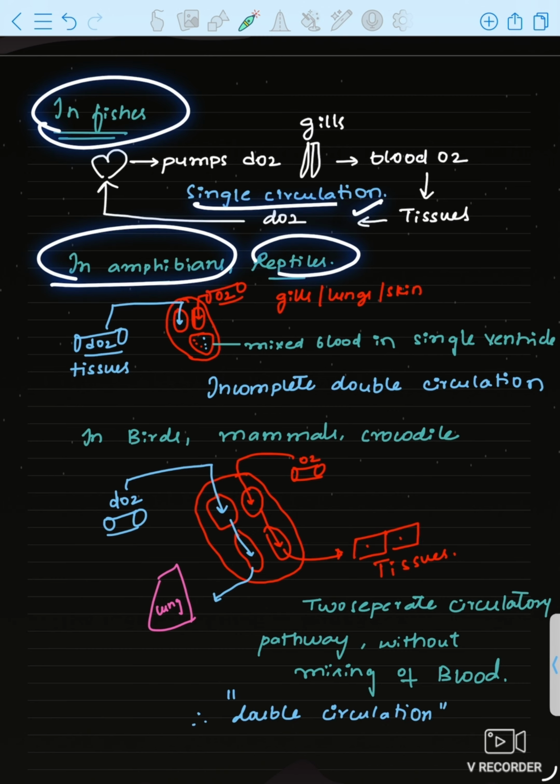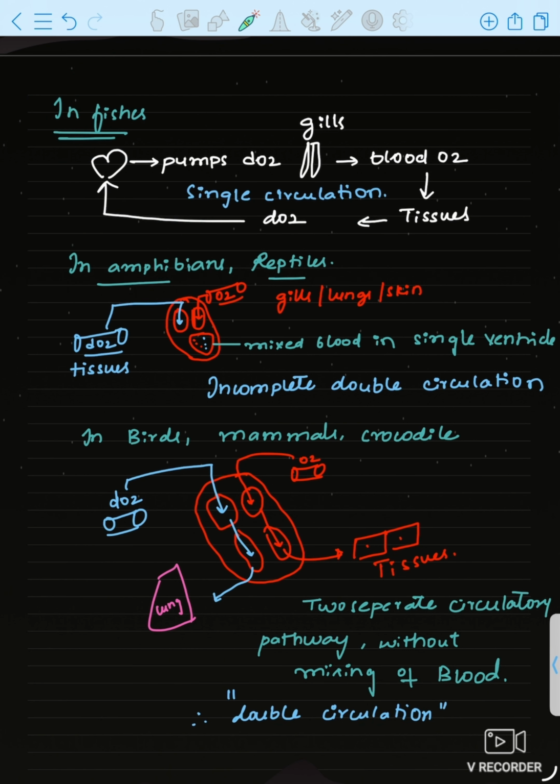In amphibians and reptiles, what happens: two atria are there and one ventricle is there. All the deoxygenated blood from tissues will go into the right atrium. This is the right atrium, this is the left atrium.